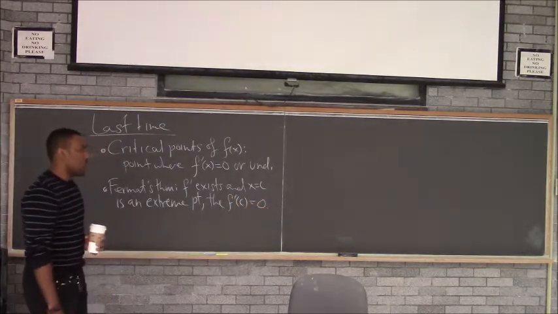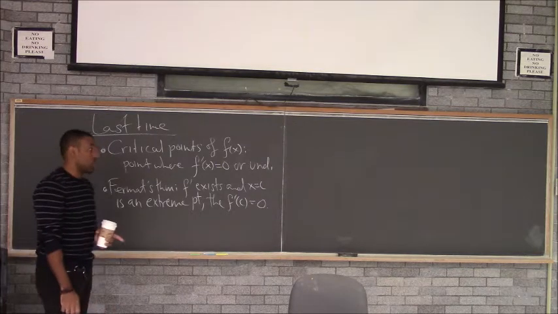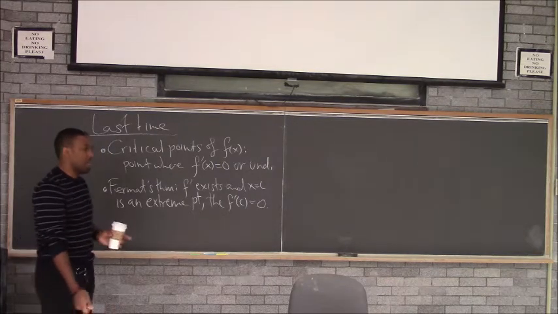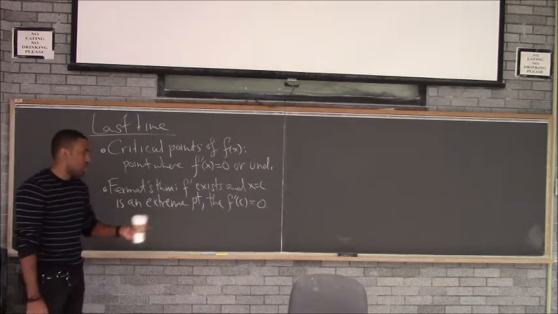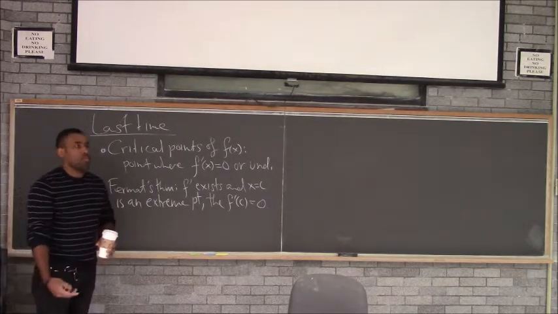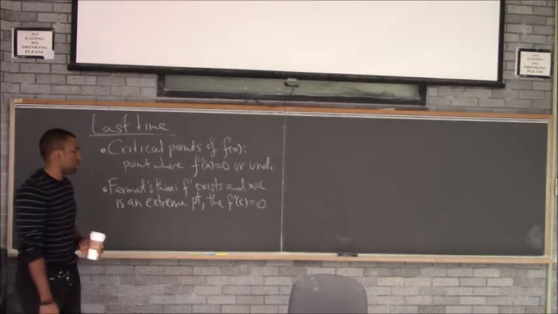But we also know that we can have extreme points where f prime is undefined, for example, at the absolute value of x. We also have cases where the derivative is 0, but it's not a max or a min, for example, at the origin with y equals x cubed.